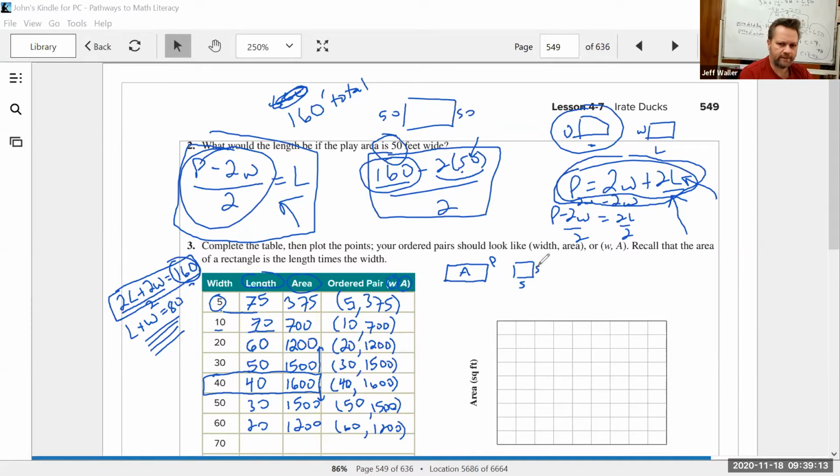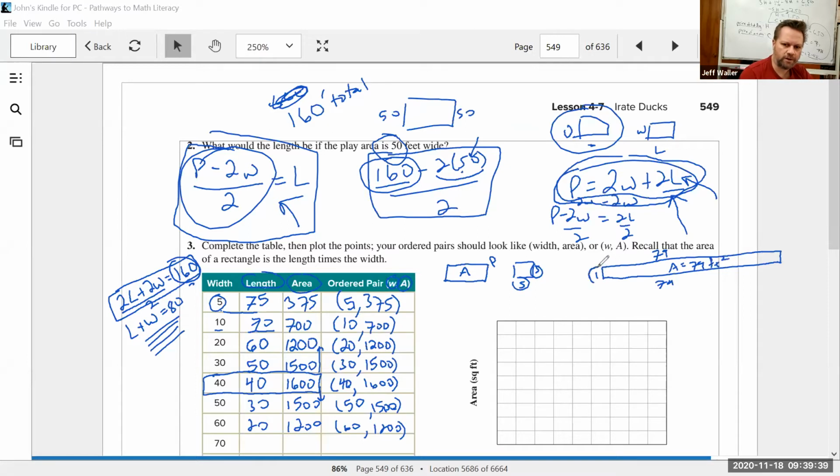This is little s, for side lengths. So that's a little square, right? Because imagine if I make the width 1, that'll make the length 79. And the area would just be 79 square feet, right?